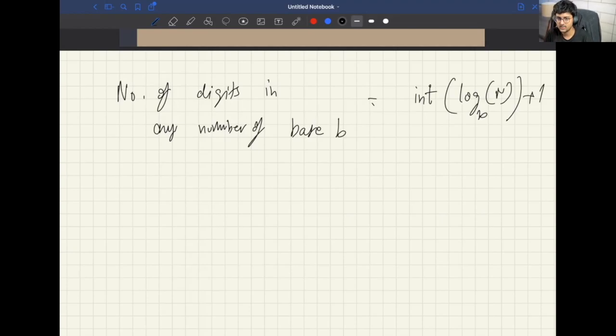This is a formula. So the time complexity comes out to be log n.